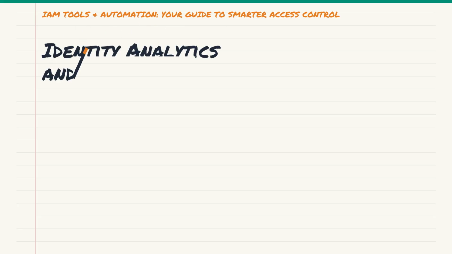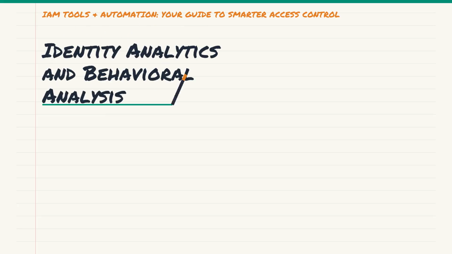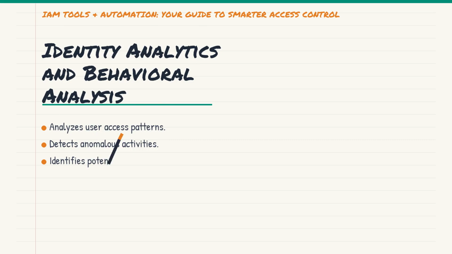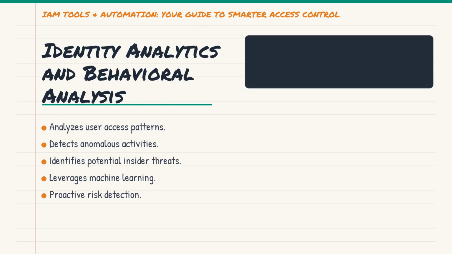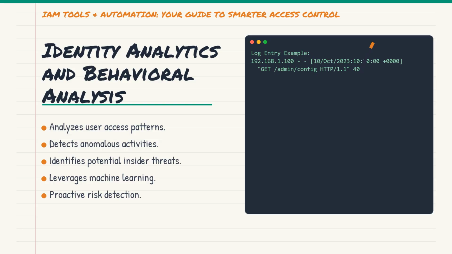This is where IAM gets proactive, moving beyond just controlling access to predicting and preventing issues. Identity analytics tools analyze user behavior, access patterns, and logs. They look for anomalies, a user logging in from an unusual location at an odd hour, accessing files they never touch, or attempting multiple failed logins.